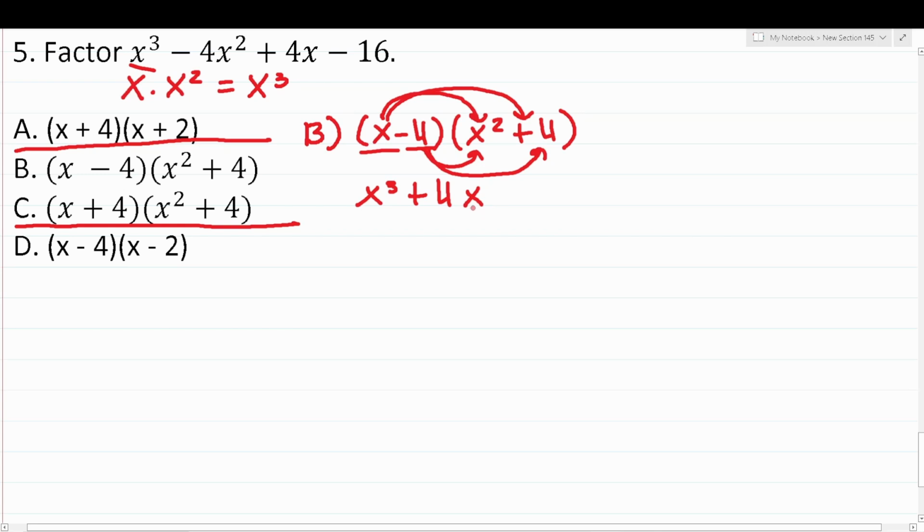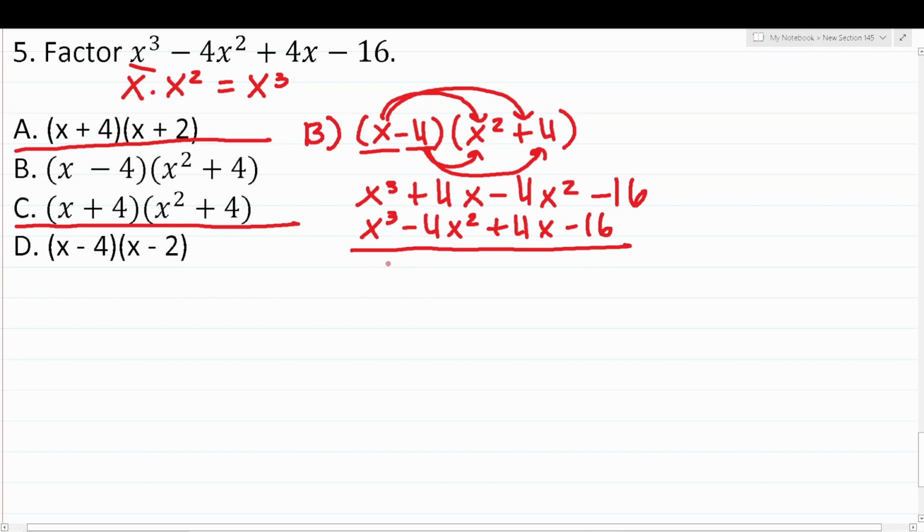Negative 4 times x squared is negative 4x squared. Negative 4 times positive 4, and negative times a positive is a negative. 4 times 4 is 16, so this is minus 16. Let's rewrite this polynomial such that our highest powers come first. So our highest power is x to the third, followed by negative 4x squared, followed by 4x, and then finally by 16.